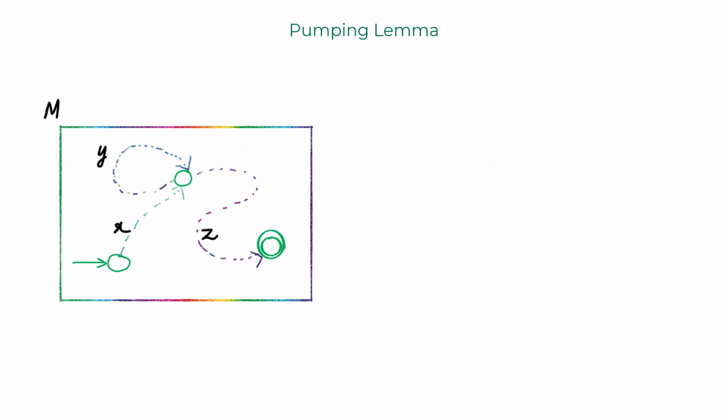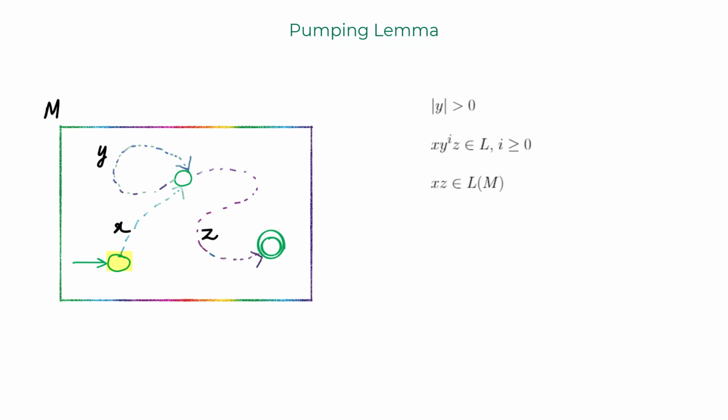Quickly moving back to the abstract DFA figure, the loop length should definitely be greater than 0. That is formally written as the modulus of y, representing the length of the string y, is greater than 0. And then x y^i z belongs to the language of the DFA, which means the string xz belongs to the language of the machine.